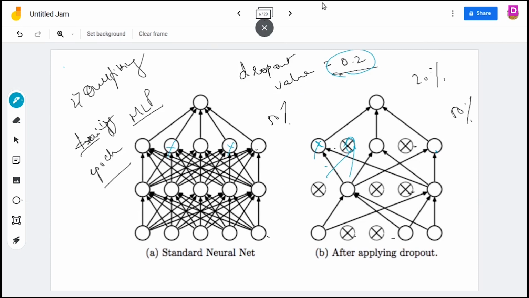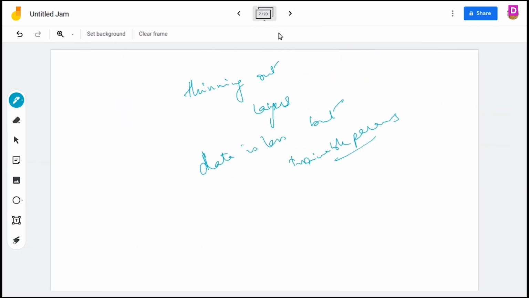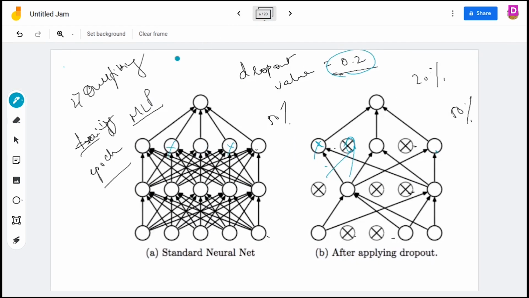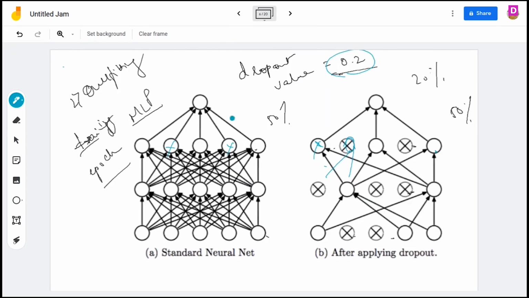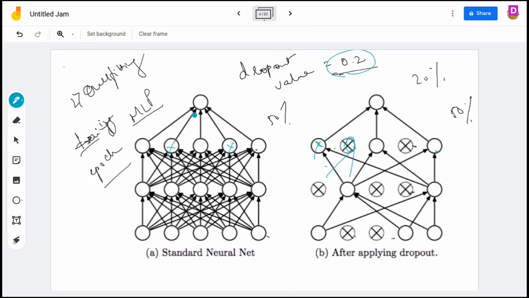If you go through the dropout paper, you will see that it has shown results that dropout actually helps in increasing accuracy. This was one of the early techniques used. The reason is, this is not a very standard neural network. You have to add more neurons and increase the number of layers. As the number of layers increases, the chances of overfitting also increase.